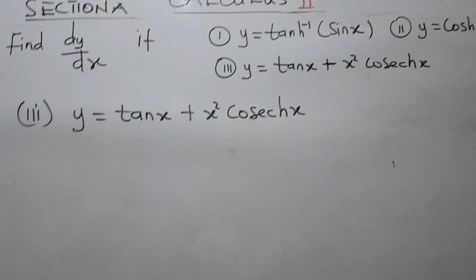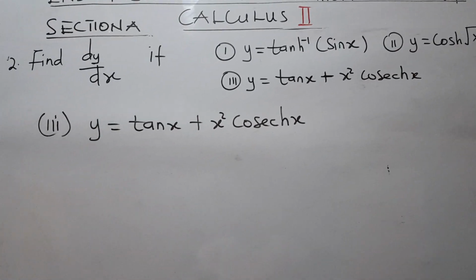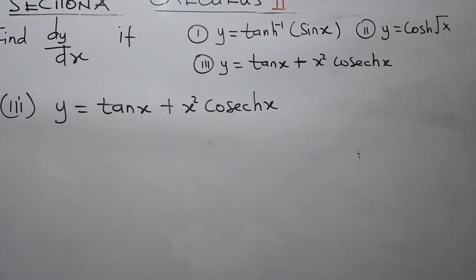So the next question is that y is equal to tan x plus x squared cosech x. We should find dy over dx. So we differentiate this term by term.